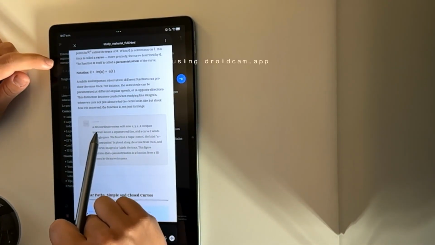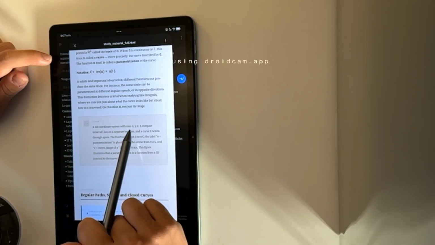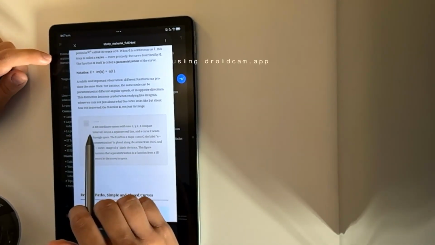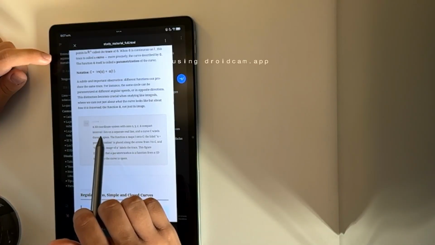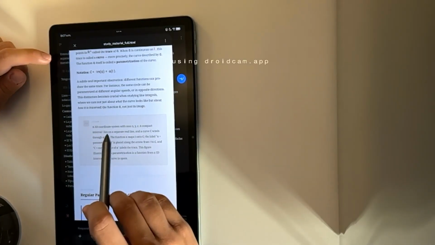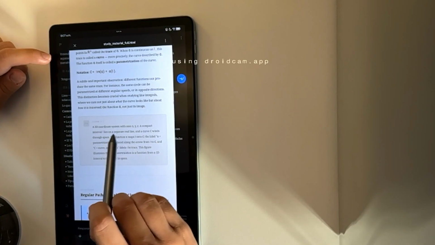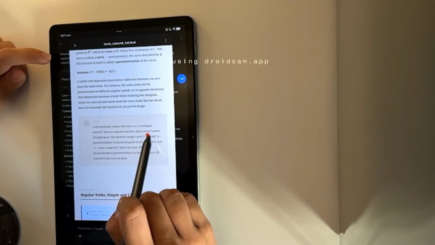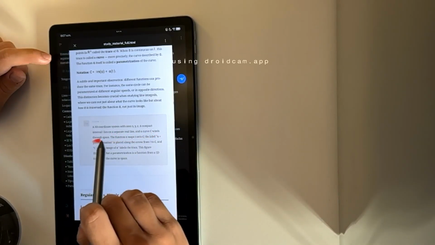Figure 2.1 shows a 3D coordinate system with axes x, y, z. A compact interval [a, b], I, lies on a separate real line, and the curve C winds through space.